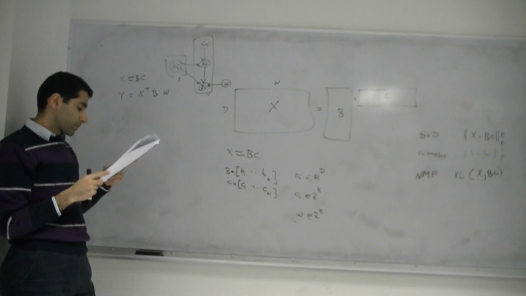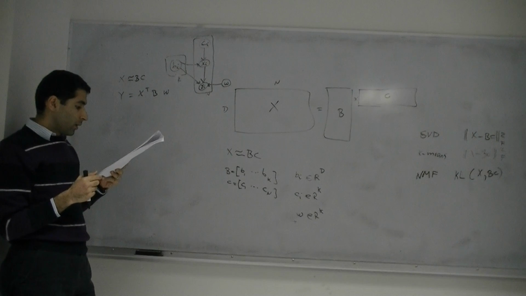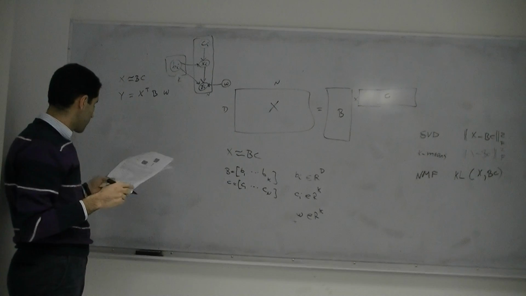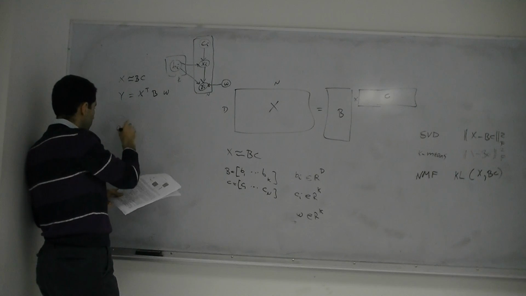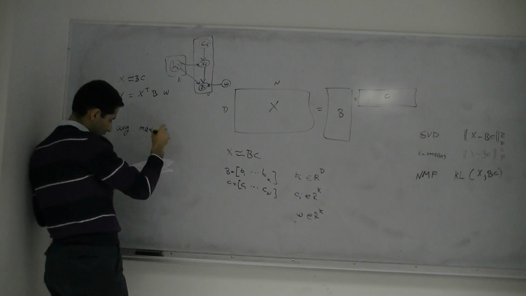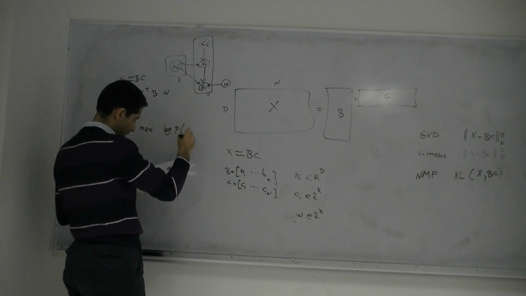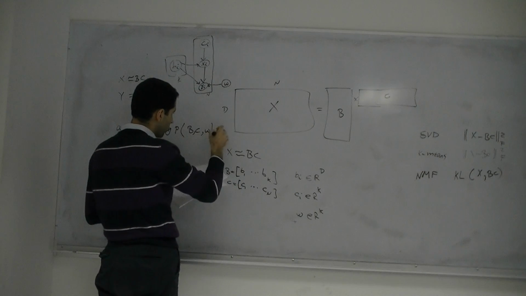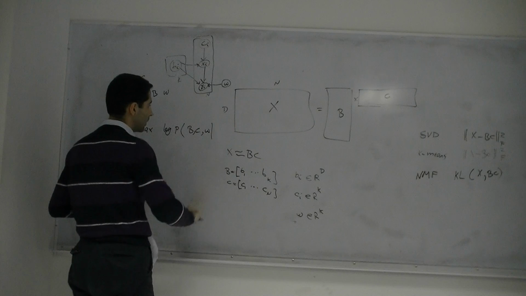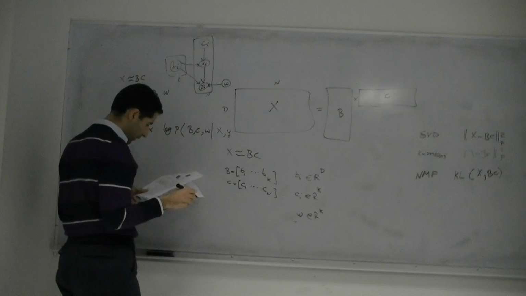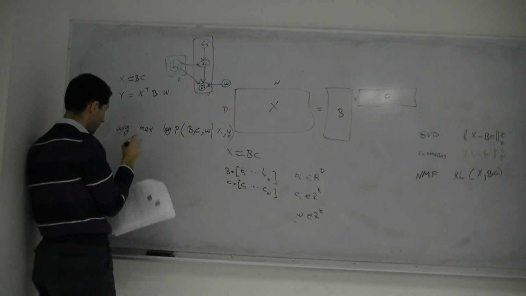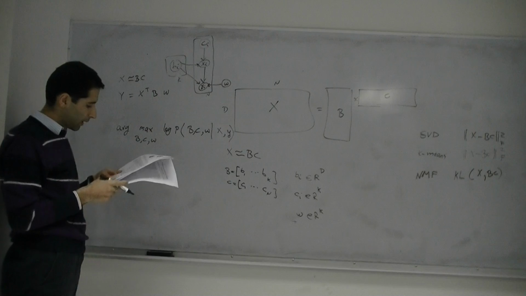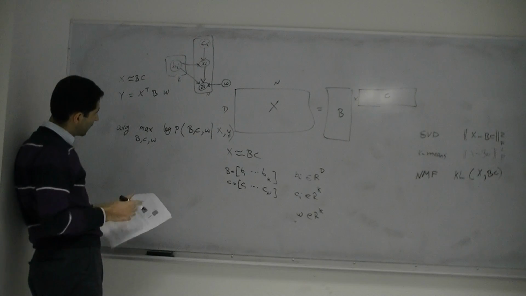And they formulate the MAP estimation here by argmax of the log probability of B, C, and W when we have the samples X and the labels, and we can expand this one.